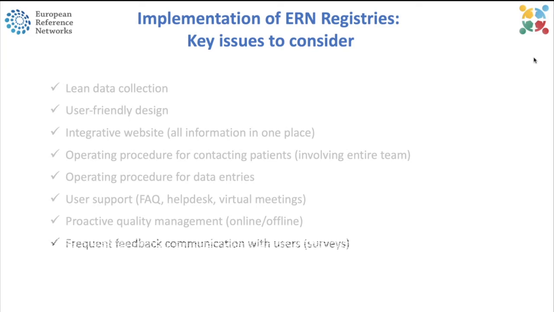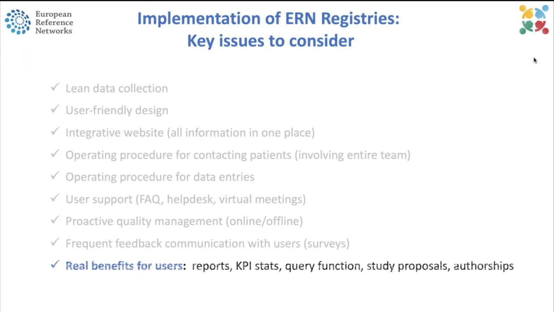Proactive data quality management: there should be frequent communications with the users, and we do surveys, maybe 2-3 surveys a year, and we have this annual meeting with the users, plus the meeting at the annual ERN meeting. So we talk with them quite a lot, and that also helps to find out where tricky points are, and then we can work on these and remove any obstacles to data entry.